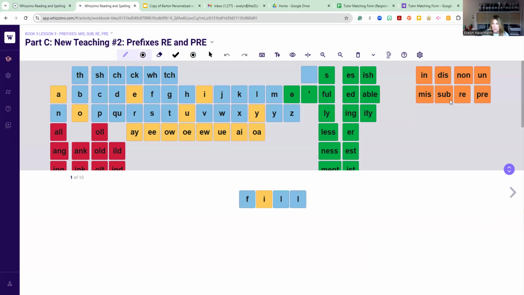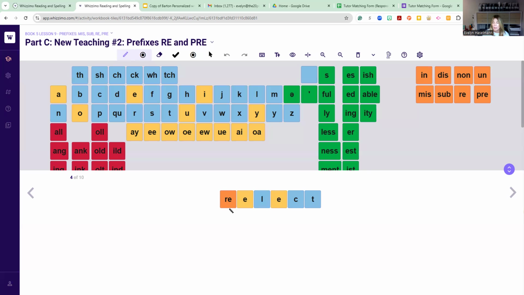The next one that we learn is re, meaning again. So something that you fill again is refill. And we see it in a word like recommit or reelect. I like this word being in here because again, you can see one E from the prefix, one from the base word, and you have to say both of them. So it's easy to see when you're working on tiles, reelect.